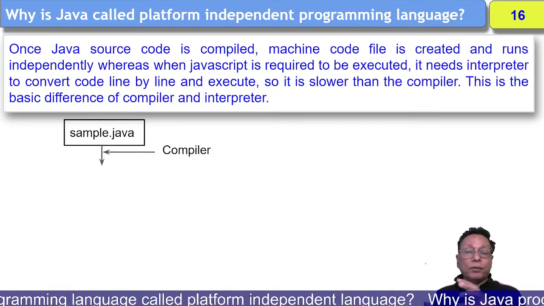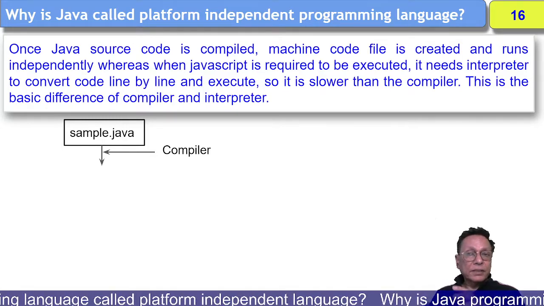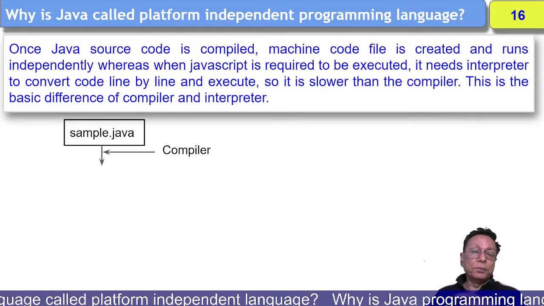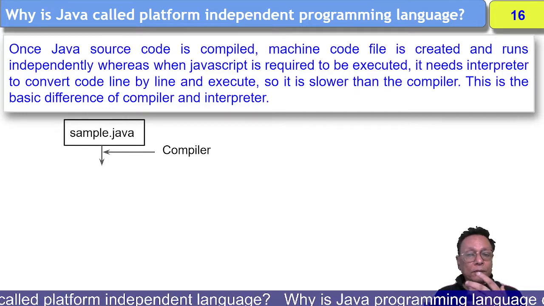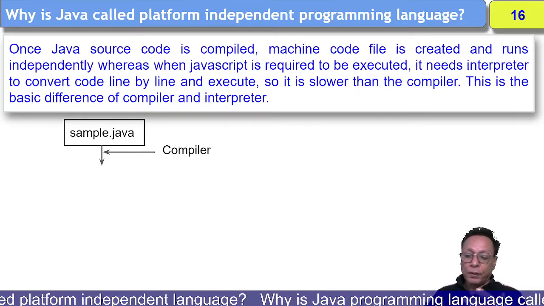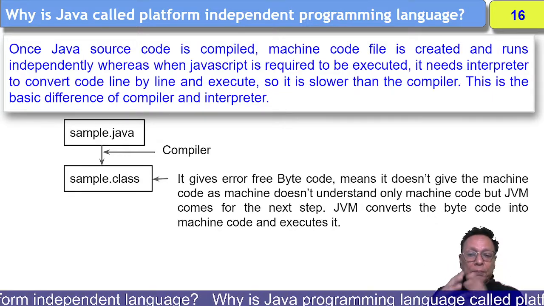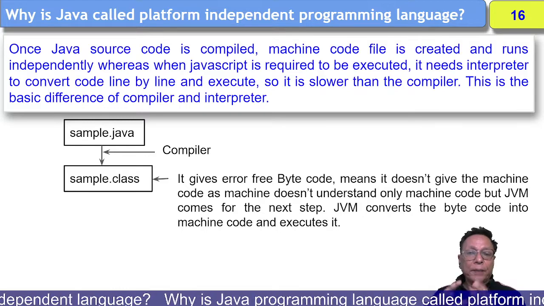But the machine does not understand it, because until and unless you interpret this code, you will not get the output. In this case, after compilation, it gives the error-free bytecode.